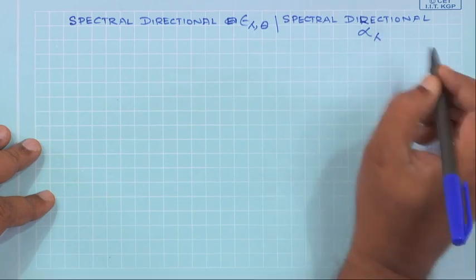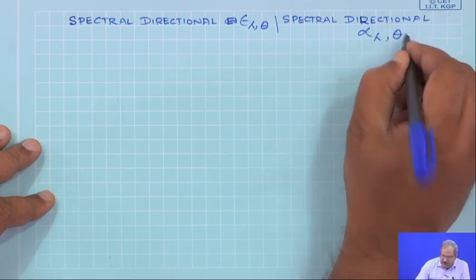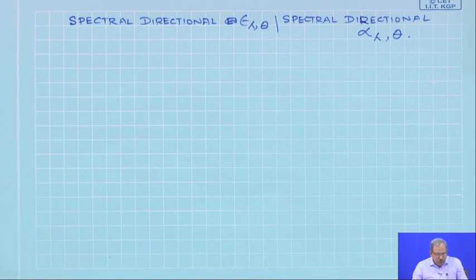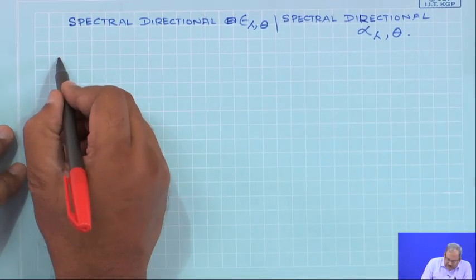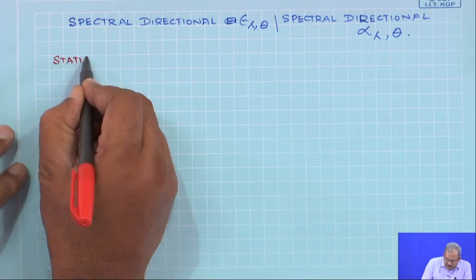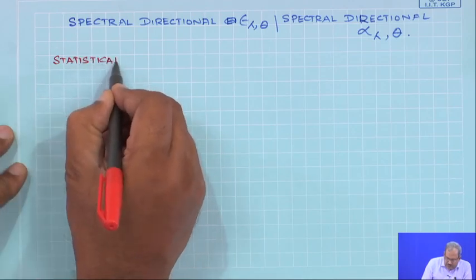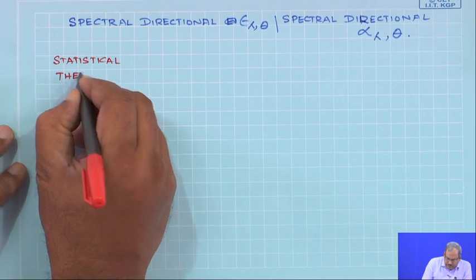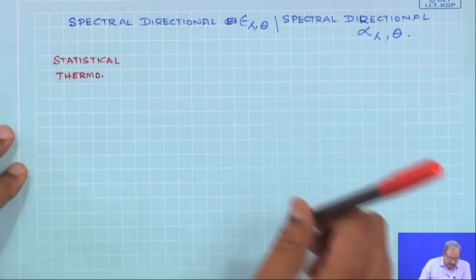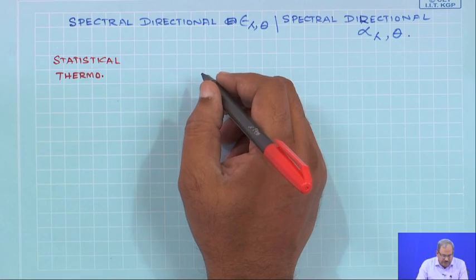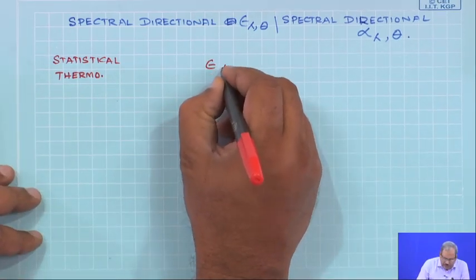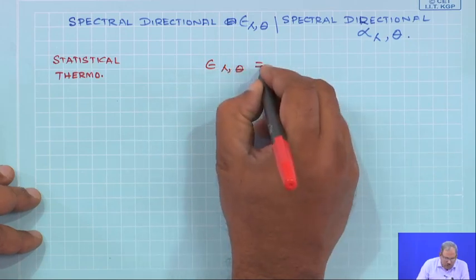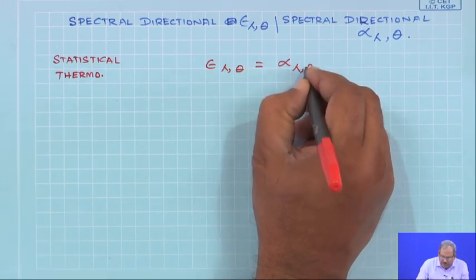Since it is spectral, I have lambda. Since it is directional, I have theta. We cannot prove that in this course, but what statistical thermodynamics tells us is that these two, epsilon lambda theta, will always be equal to alpha lambda theta.